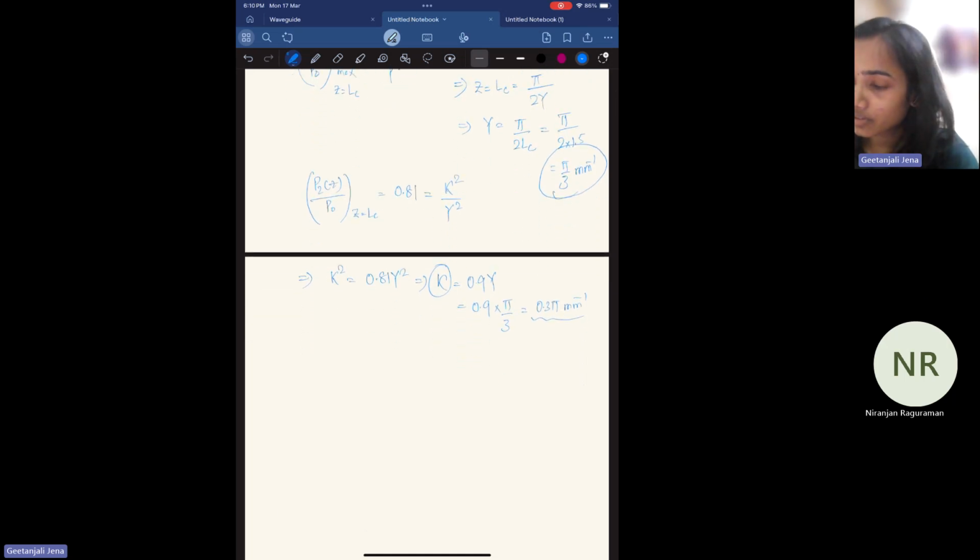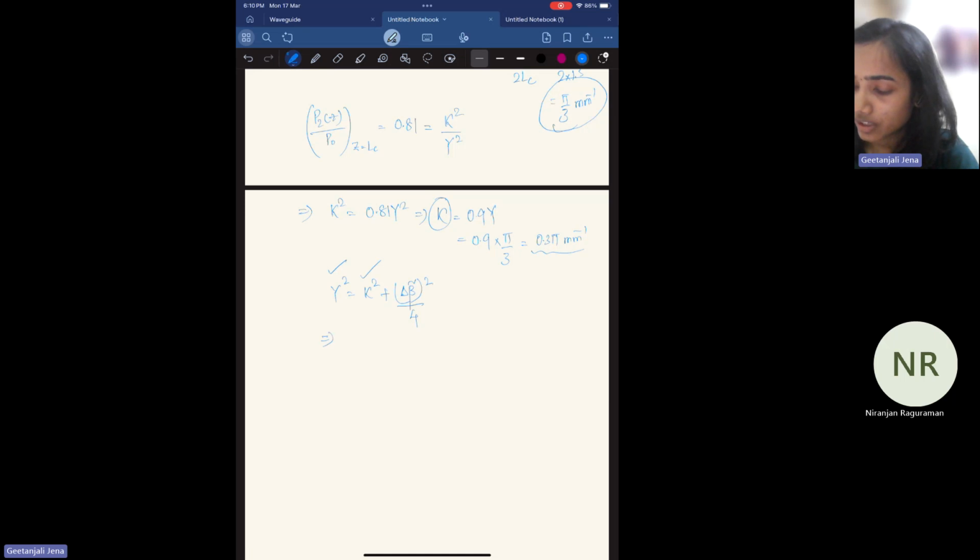For delta beta, what we can do, so you already know gamma square is related to both kappa square and delta beta tilde square over 4. We know gamma here, we know kappa here.